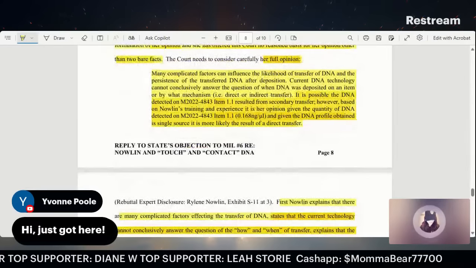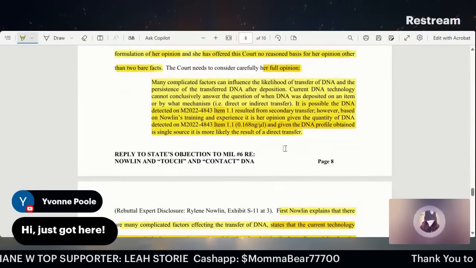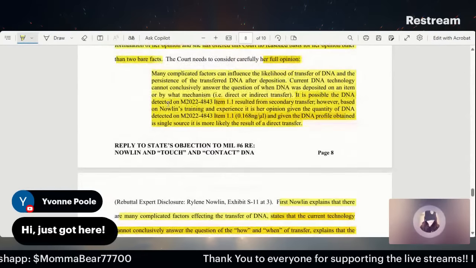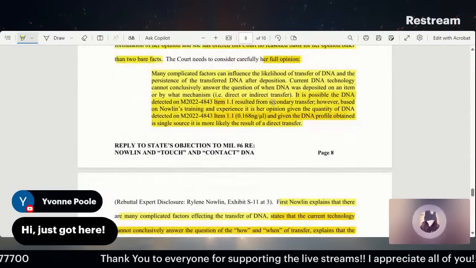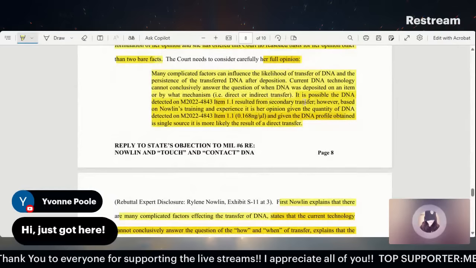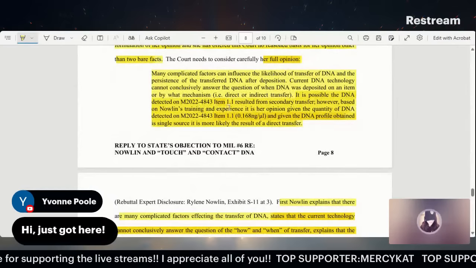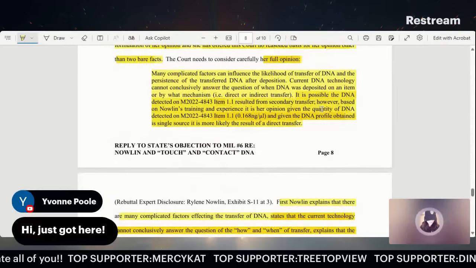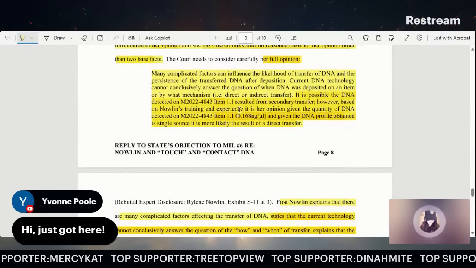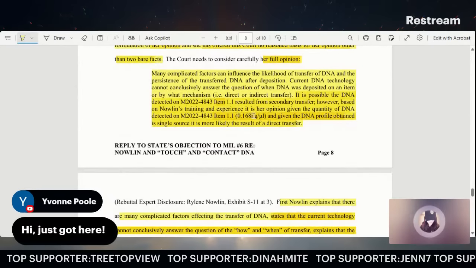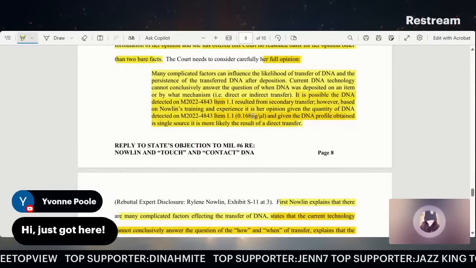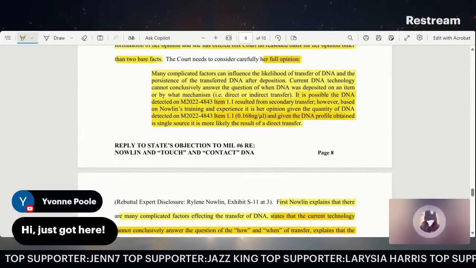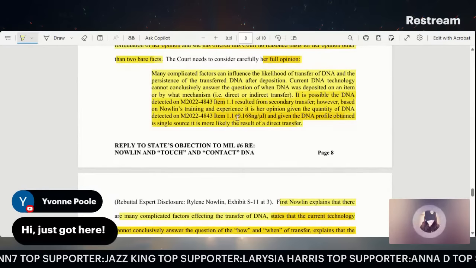So even in her own affidavit, she does say it is possible the DNA detected on item 11 resulted from secondary transfer. But based on her training and experience, it's her opinion, given the quantity. Now, it's my understanding this quantity here is the concentrated amount, I believe they call it, not the actual amount of DNA that was recovered.